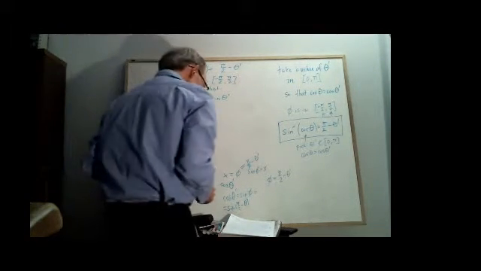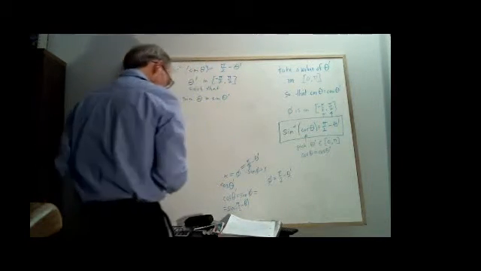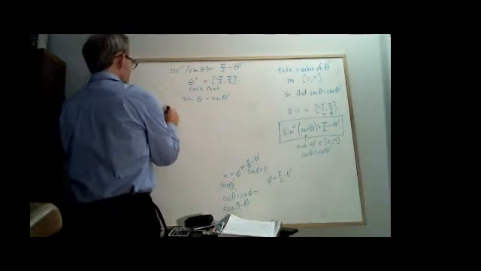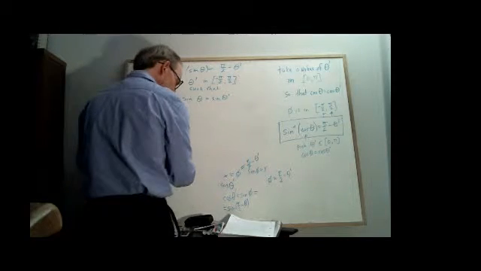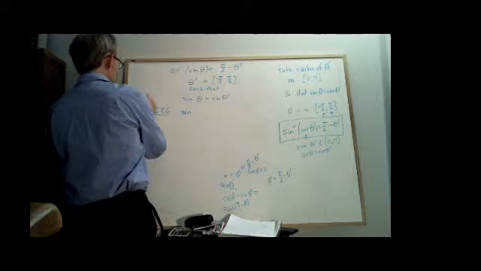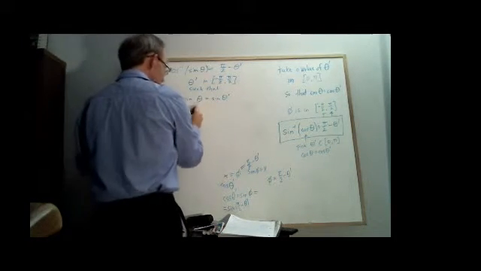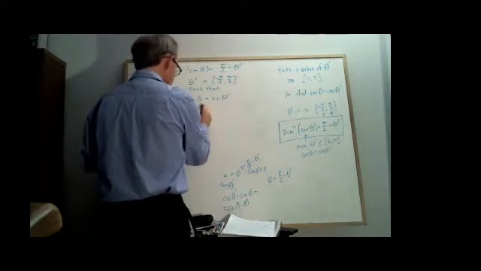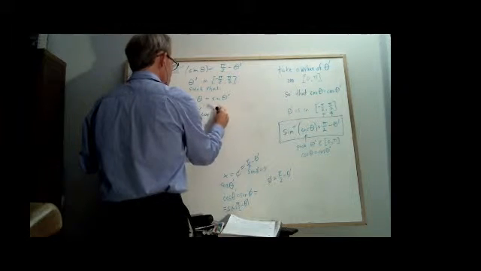All right, so let's see some examples here. Example 6. Evaluate, this is still in section 8.3, evaluate sine inverse of cosine of 13 pi over 6.